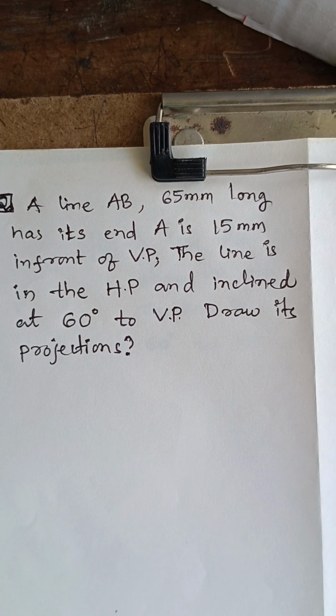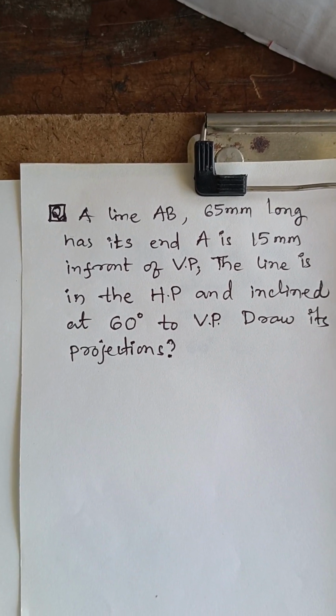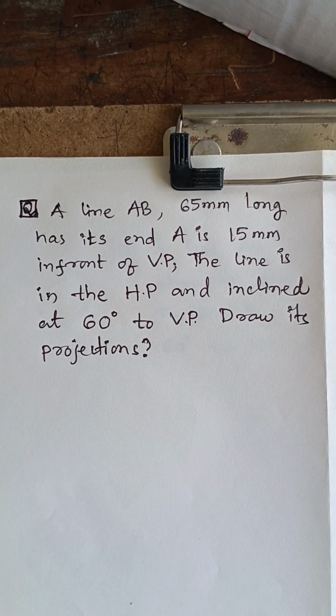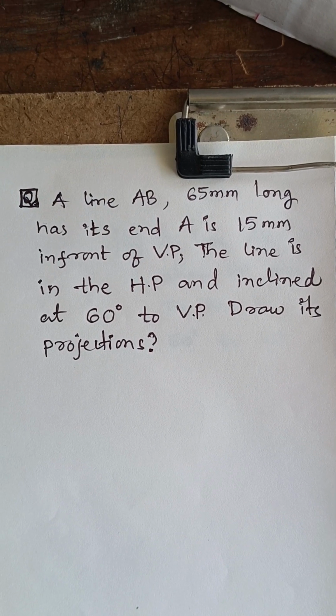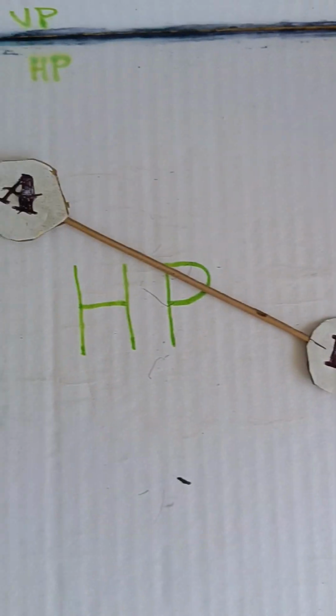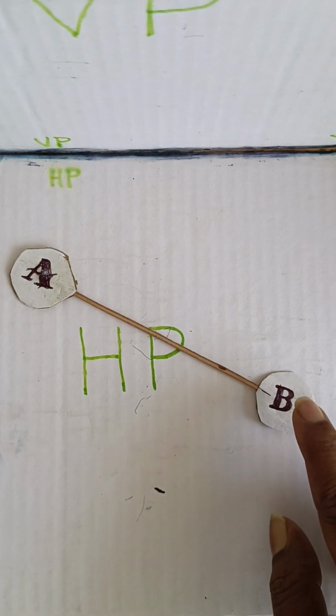A should be 15 mm in front of the vertical plane, and AB line is making 60 degrees inclined to VP. By following this condition, we have to adjust this straight line AB of length 65 mm.